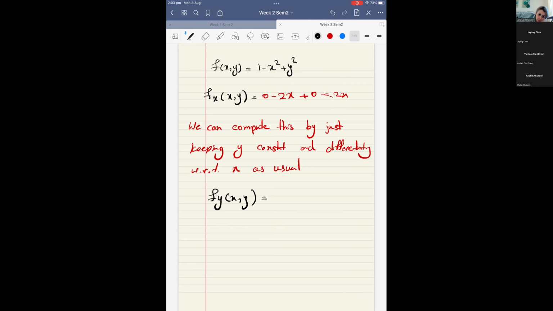With respect to y. Minus 2y, exactly. Partial with respect to y of 1 minus x squared plus y squared. Now, exactly, it's 2y. Sorry, it's plus. It would be equal to 0 minus 0 plus 2y.